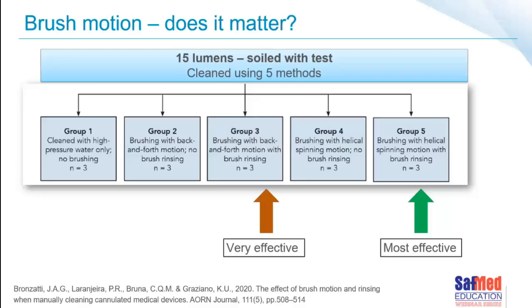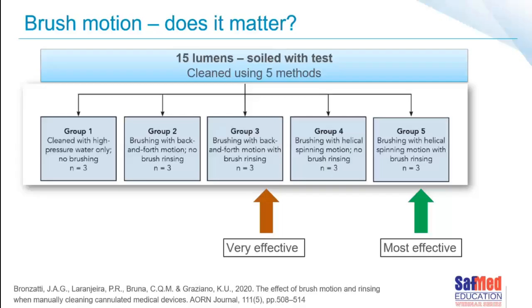In group 2, they brushed with a back and forth motion, and they did not rinse the brush in between. For group 3, they brushed with a back and forth motion, but took the brush out and cleaned the tip between brushing. For group 4, they brushed with that helical spinning motion with no brush rinsing. And group 5, they brushed with that spinning motion and took the brush out and cleaned it in between.